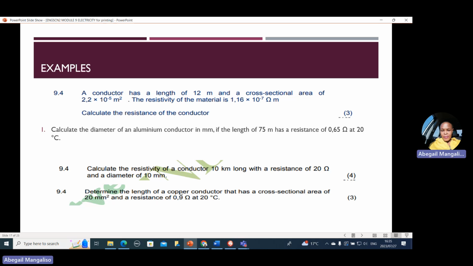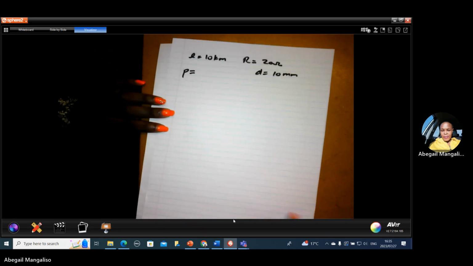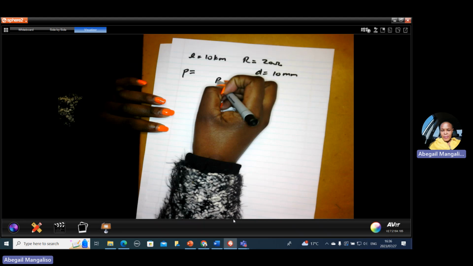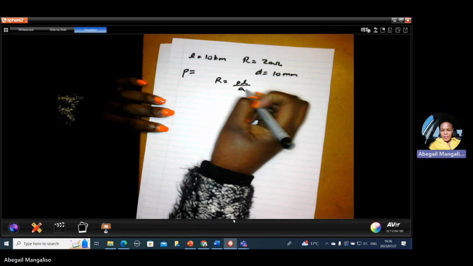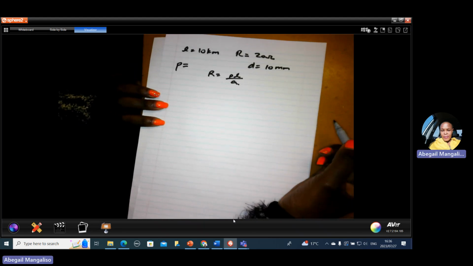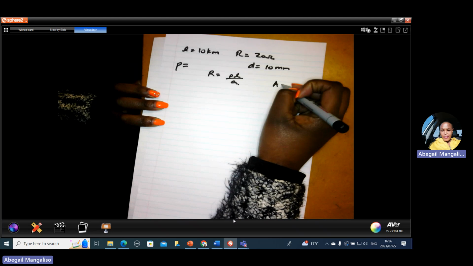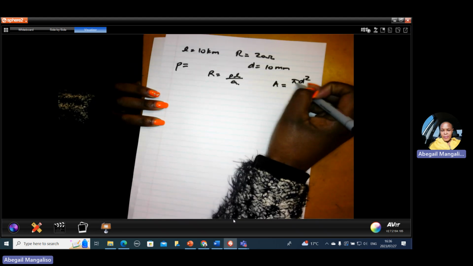Calculate the resistivity, so the unknown here is rho. Let's look at the solution. The formula is the same. Resistivity is R times A divided by L. We can first calculate the area aside. The area is calculated by the formula pi d squared over 4.